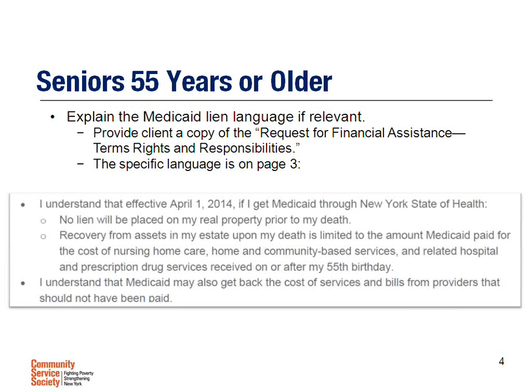It's important to note that right now, if someone is getting MAGI Medicaid, meaning Medicaid through the marketplace, you cannot obtain those services by mistake. You actually have to submit a request to the local Department of Social Services, HRA, in order to get those services.